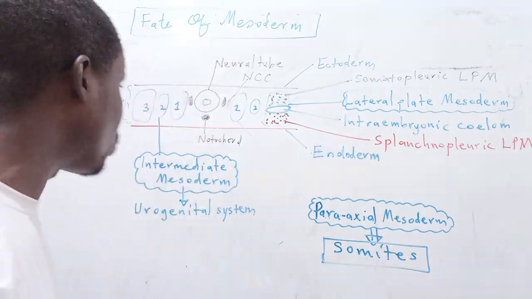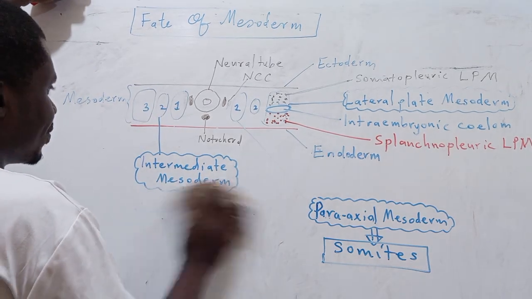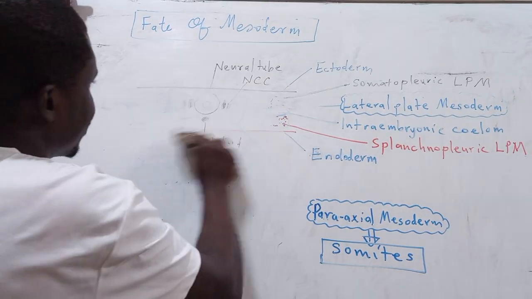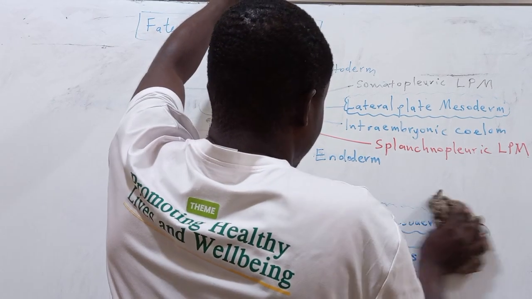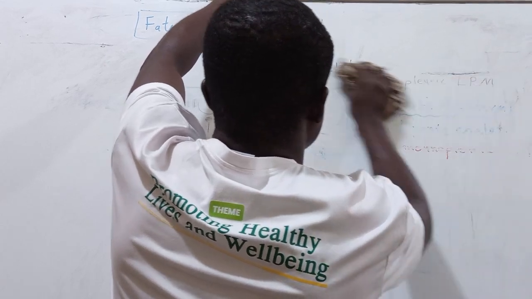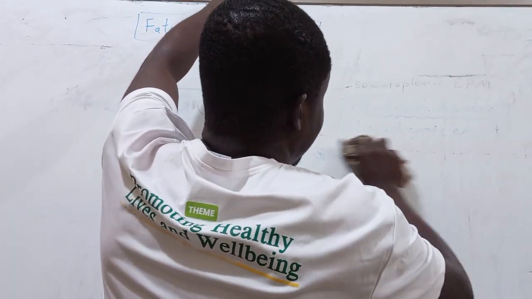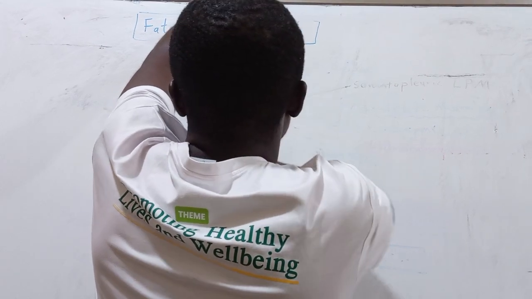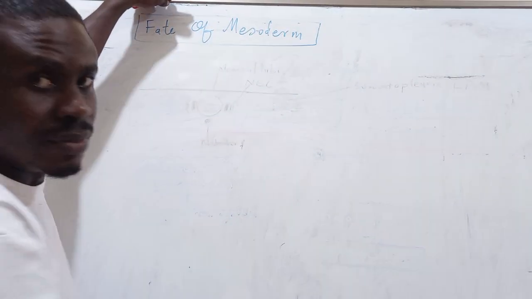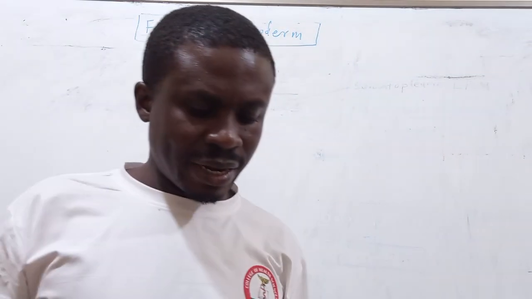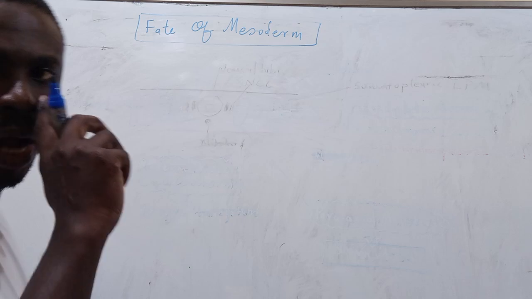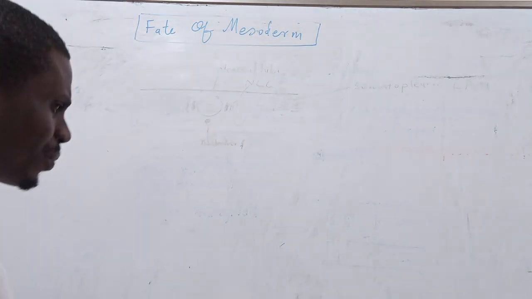So let's look at what happens over here. The first thing I want you to know is that when I take just one somite, this is how it may look.